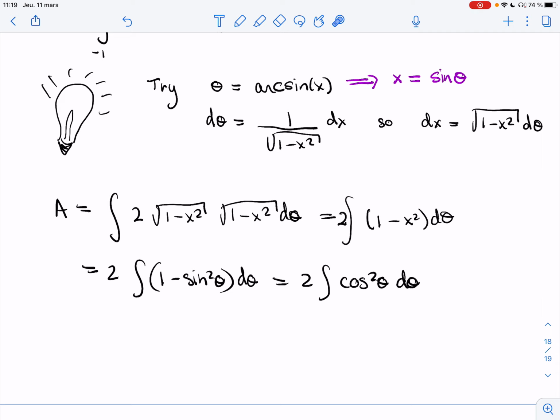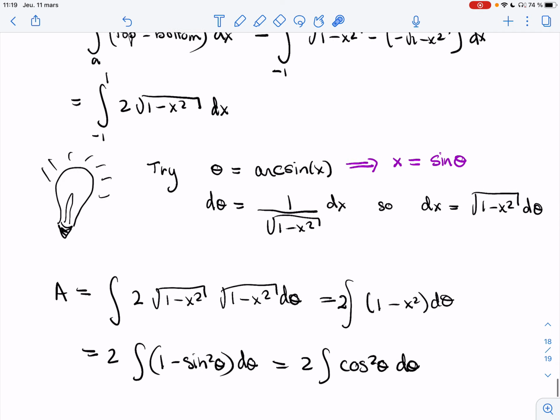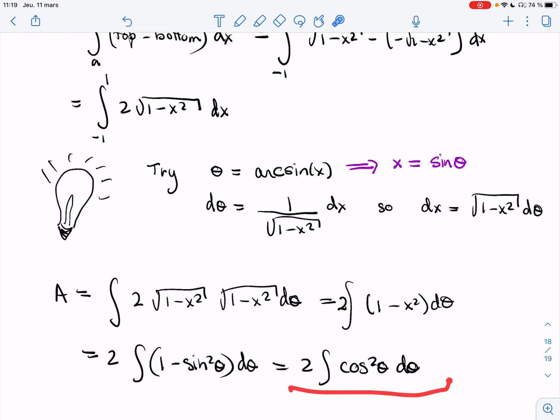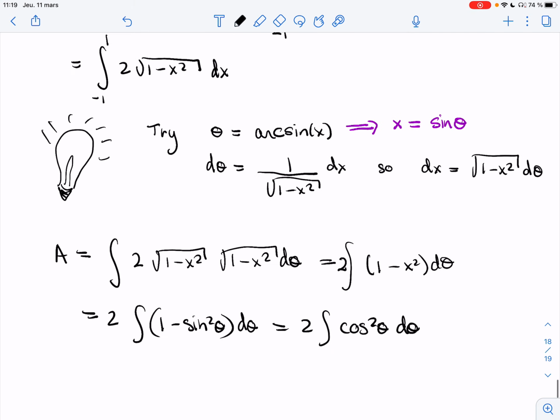So the substitution worked. I got from an integral I didn't know how to compute to something that we're comfortable with. We spent all this time learning how to integrate powers of trig functions. I still need to worry about the bounds. So I need to apply this function to -1, and I need to apply the same function to 1.